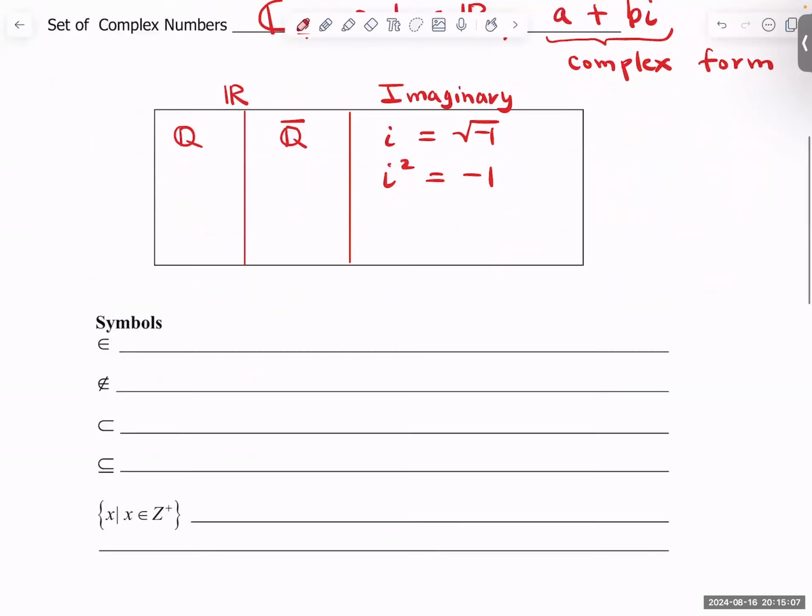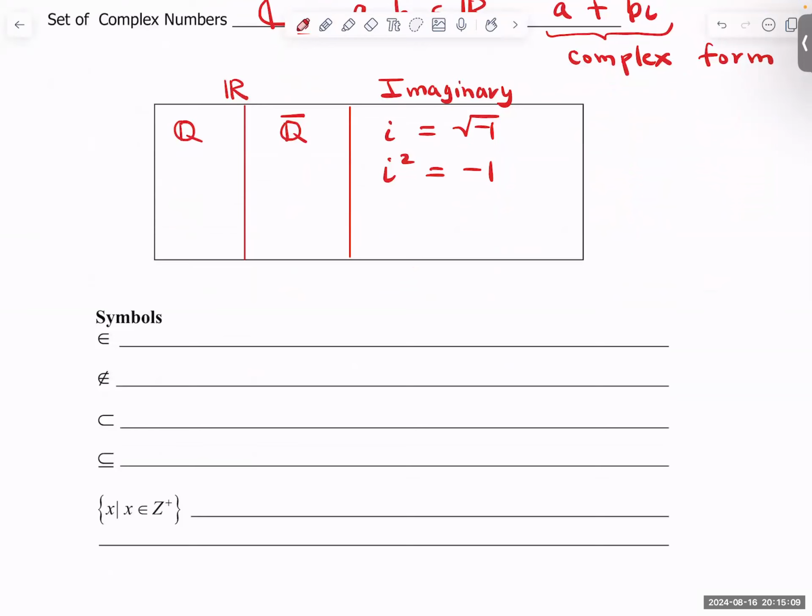Now, I mentioned the symbol that looks like an E, which means is an element of a certain set. So for example, -3 is an element of the set of integers, or is a member of the set of integers.